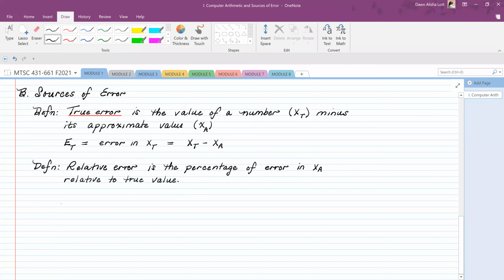So I'm going to call that epsilon T. And this is to take the true error, subtract the approximate error, and then divide it by the true value.